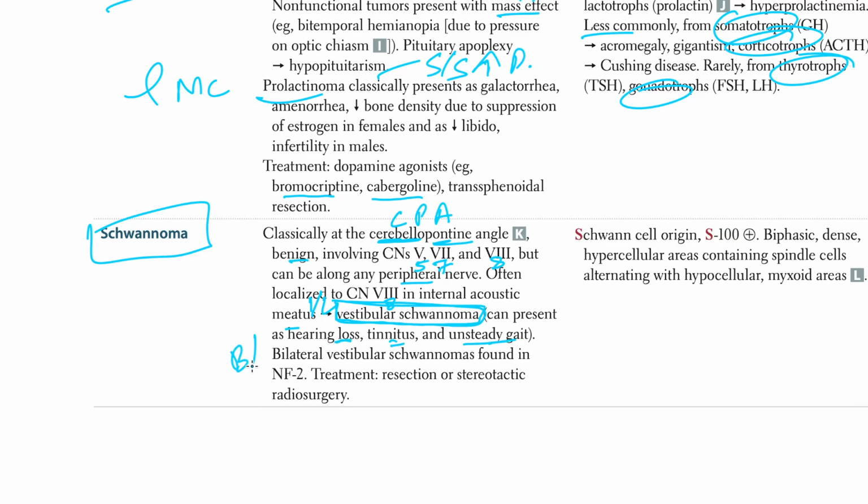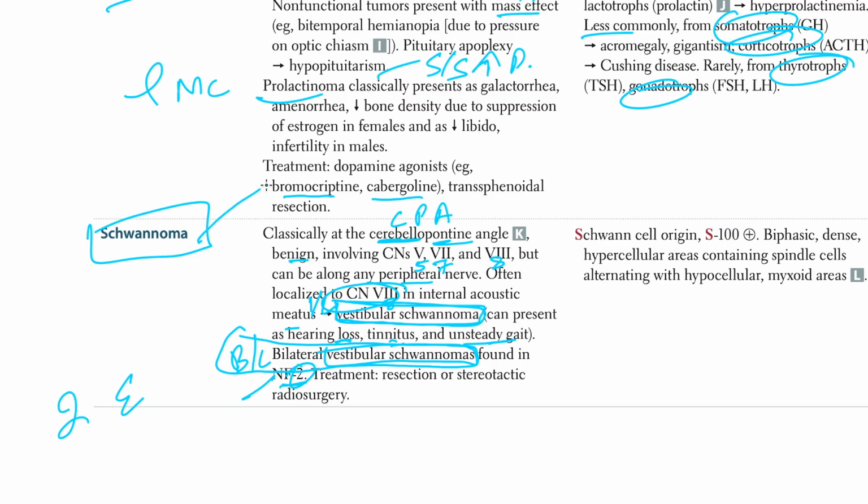Now, if you have a bilateral vestibular schwannoma, then you think about association with neurofibromatosis type 2, NF2. If you recall, we talked about a mnemonic in NF2 as 2 eyes, 2 ears, and 2 brain structures, right? So here's the 2. So 2 ears is going to affect bilateral vestibular CN8, causing schwannoma over there.